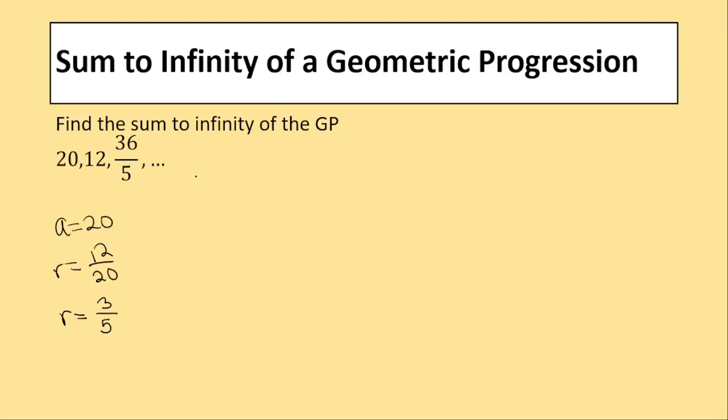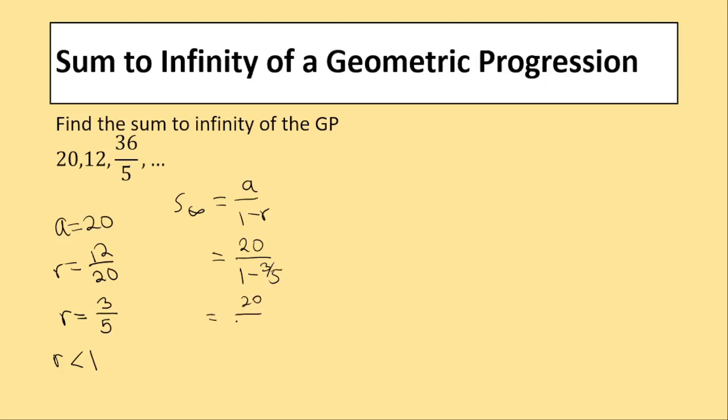The sum to infinity can be found because r is less than 1. So we know that this is the formula for finding our sum to infinity. We substitute 20, then we say 1 minus 3 over 5.